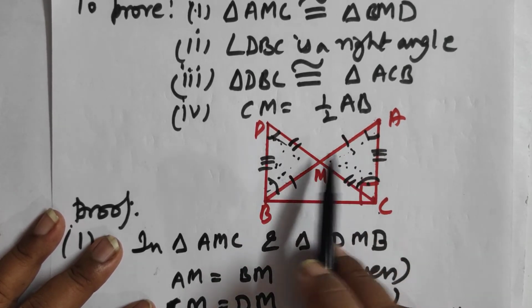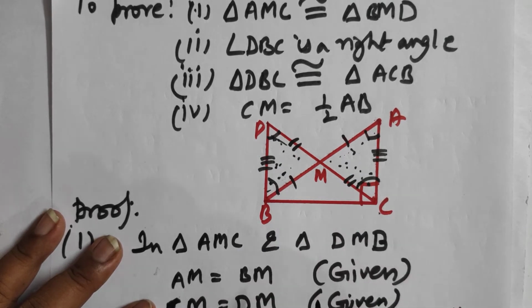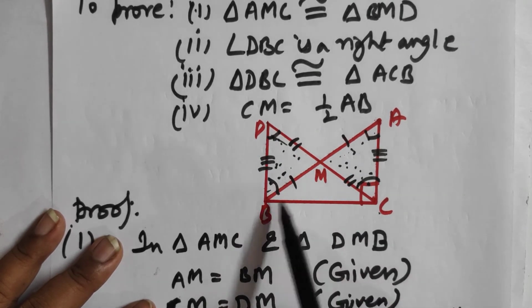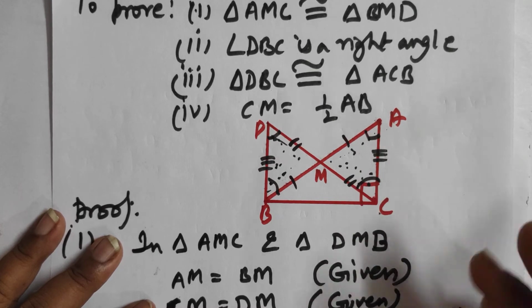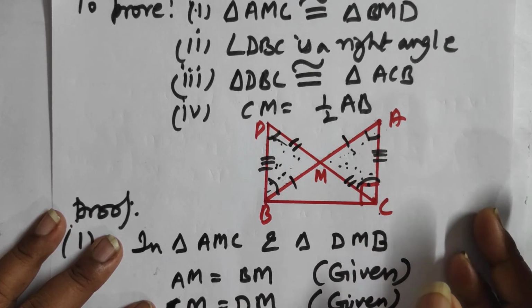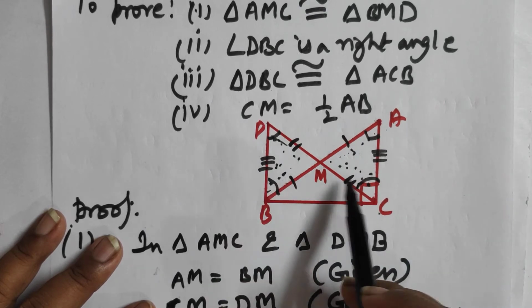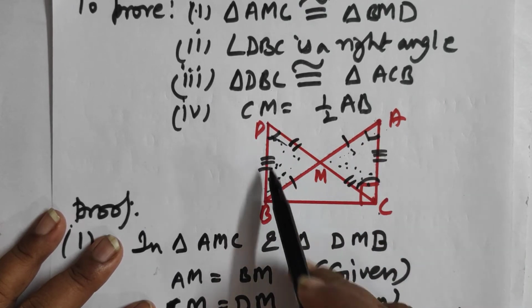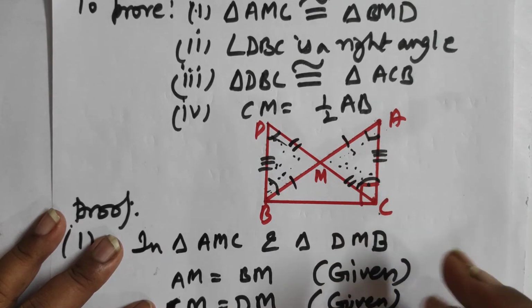If these alternate opposite angles are equal, it means DB is parallel to AC. It is vice versa. When the lines are parallel, then alternate opposite angles must be equal to each other. Here alternate angles are equal. It means DB is parallel to AC.